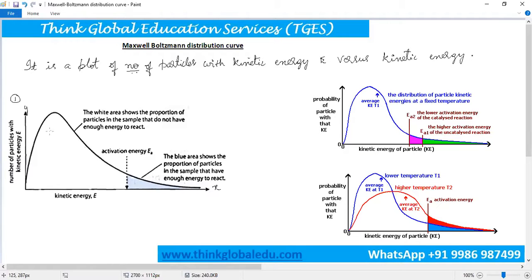So, the white area shows the proportion of the particles in the sample which do not possess the minimum activation energy for the reaction, whereas the small blue portion indicates that particles have the kinetic energy to carry out the reactions. So, by means of the Maxwell-Boltzmann distribution curve, one can understand the energy of the particles in a reaction medium.